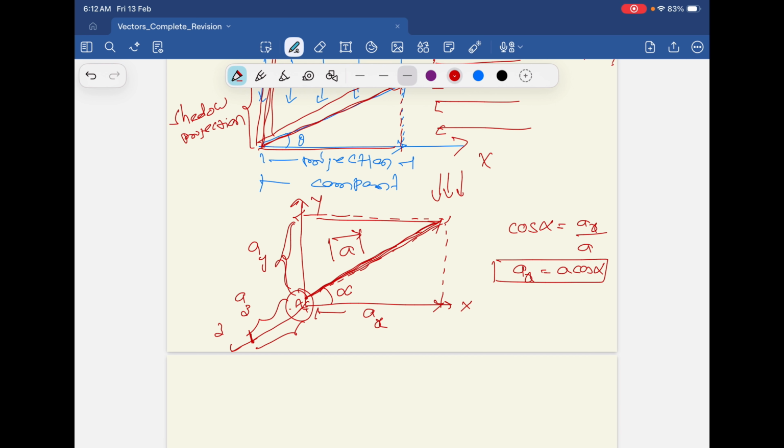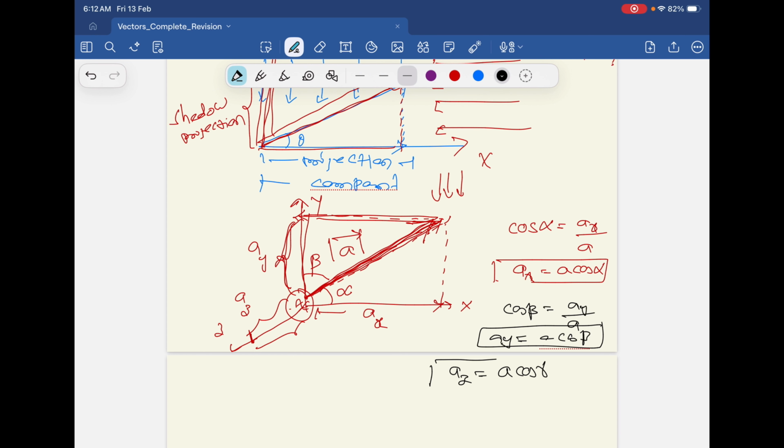And the y axis, how much? Again the same, you can take this triangle here. This angle you can say is 90 minus alpha, or you can take some other angle. If it is in space, take the vector a bar making an angle beta with the y axis. Then ay becomes how much? One side is ay, hypotenuse is a, so ay becomes a cos beta. Similarly, for the z axis, az is equal to a cos gamma, the angle it is making.